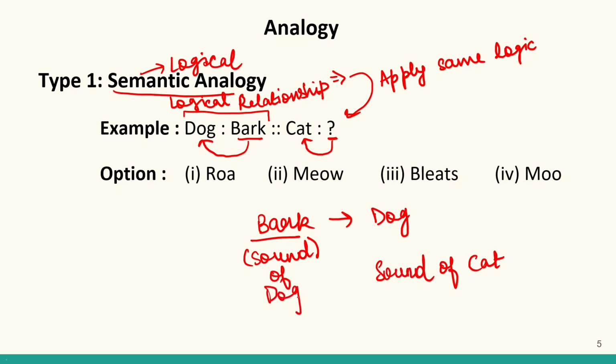So how is bark related to dog? It is the sound of dog. So to find the missing term, we have to find the same relationship for cat. So we have to find the sound of cat, which is meow. So our option will be option number 2, meow.